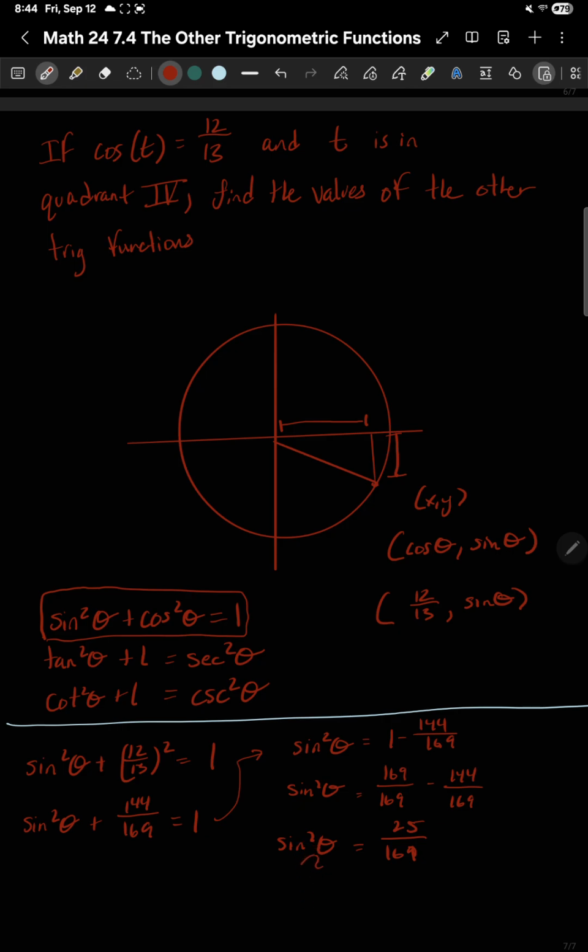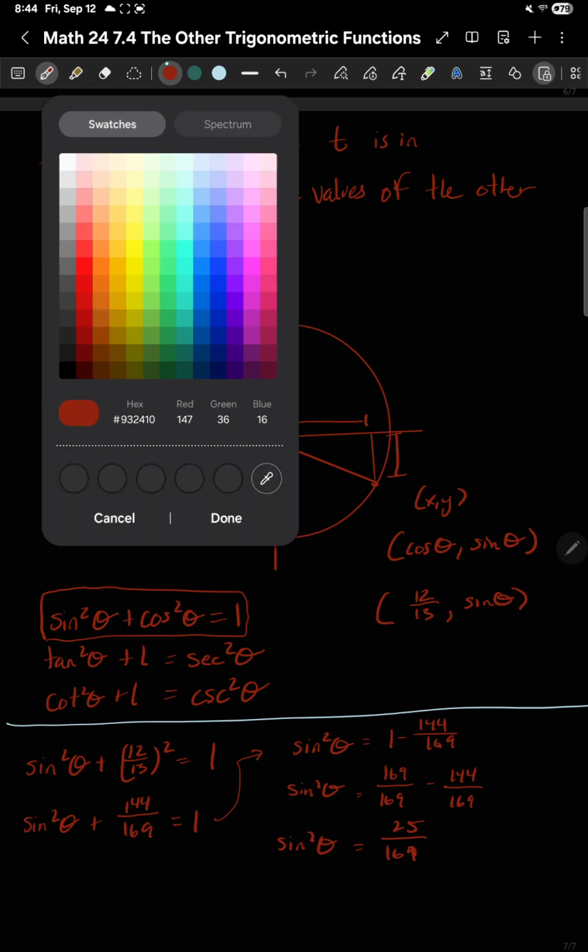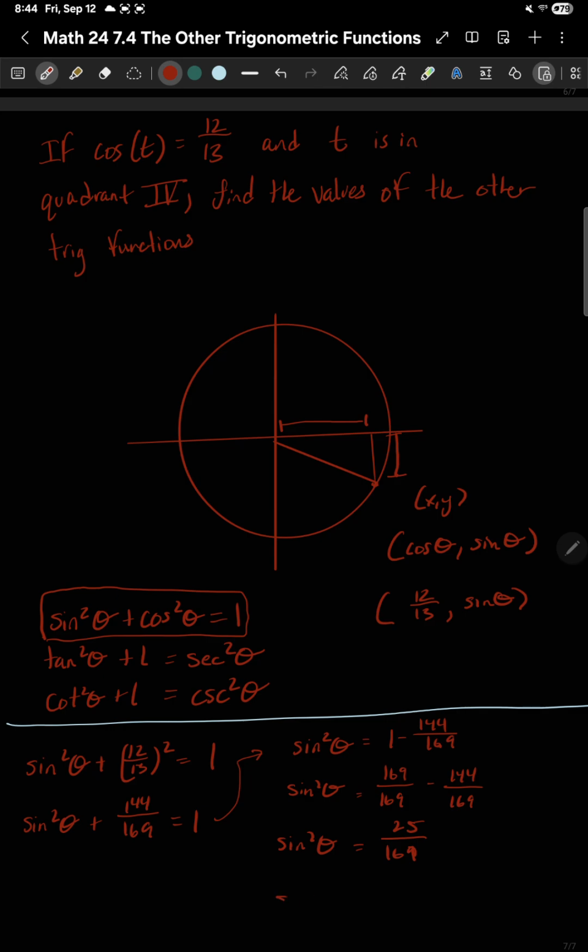Now, since we have sine squared, we need to take the square root of both sides. Taking the square root gives us sine of theta is equal to plus or minus 5 over 13, because 13 times 13 is 169, and 5 times 5 is 25.